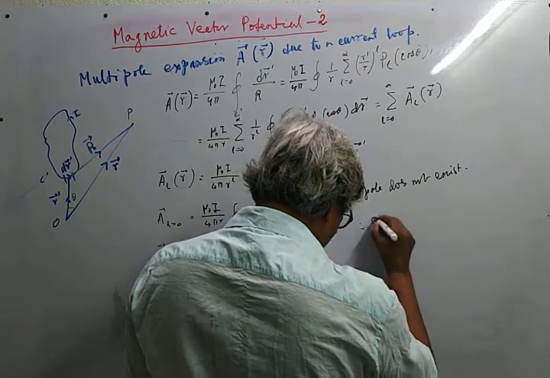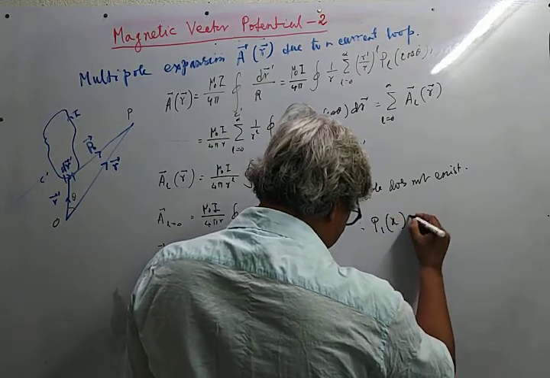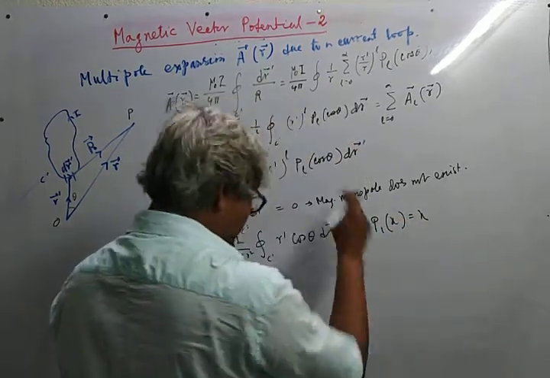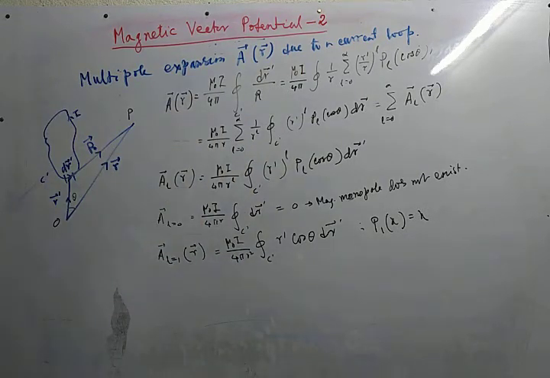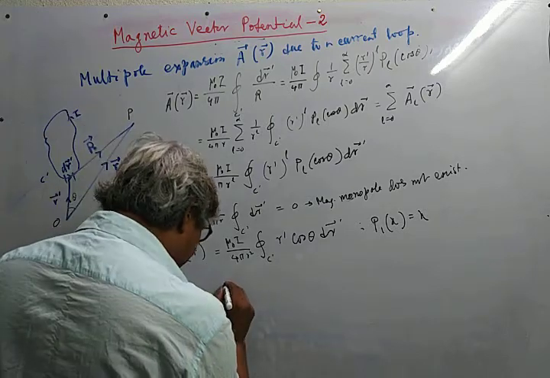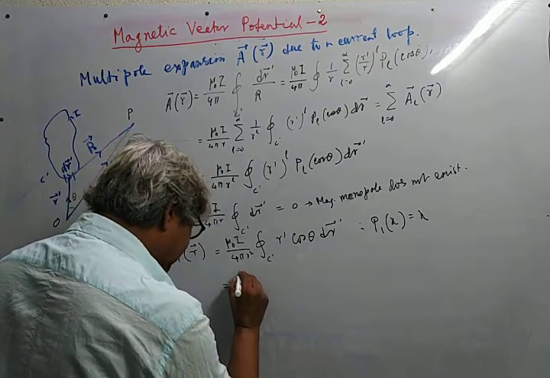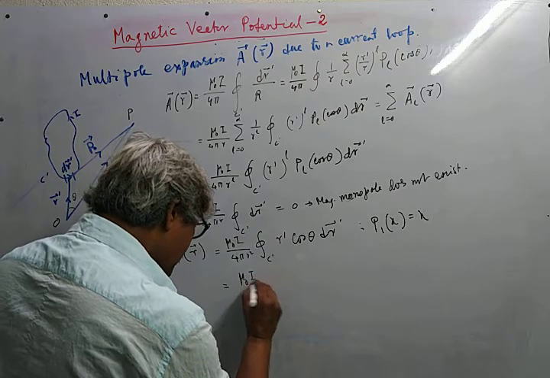This is due to the fact that P1 of x is equal to x, so P1 of cos theta is cos theta. You know that cos theta is the angle between R and R prime, so we could write it in a compact form like this.